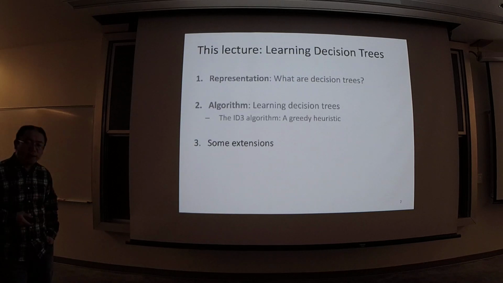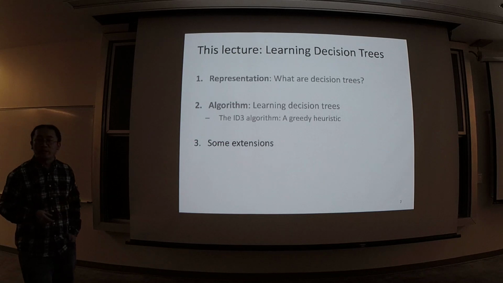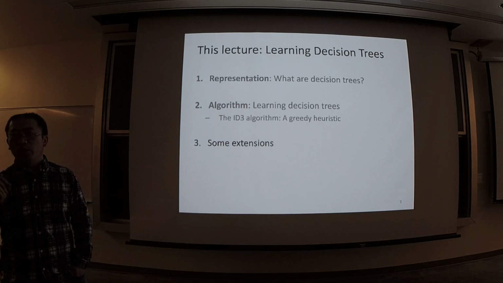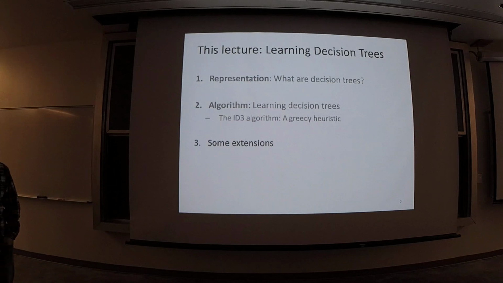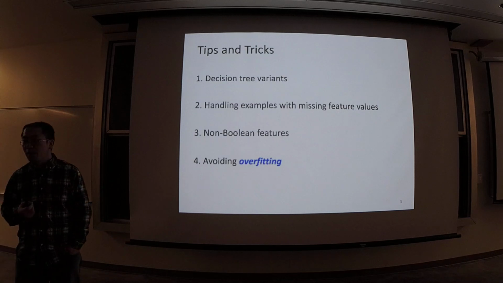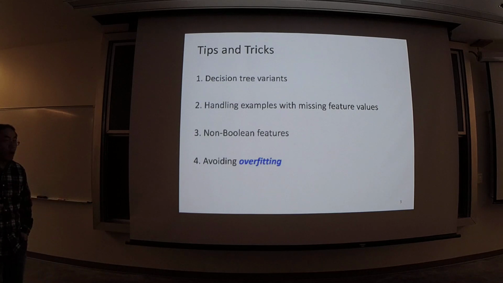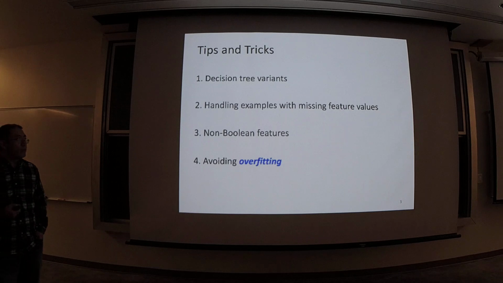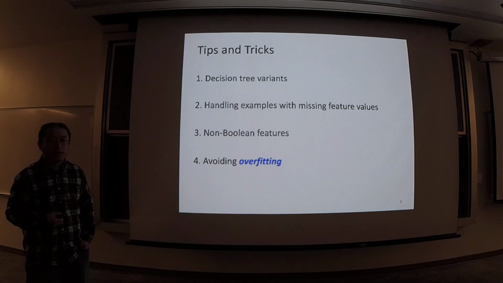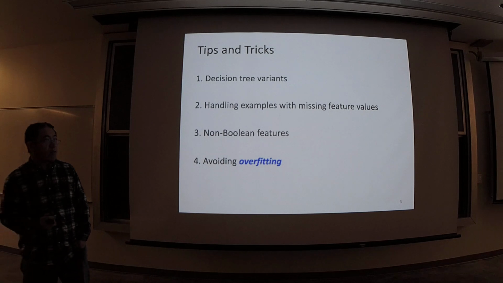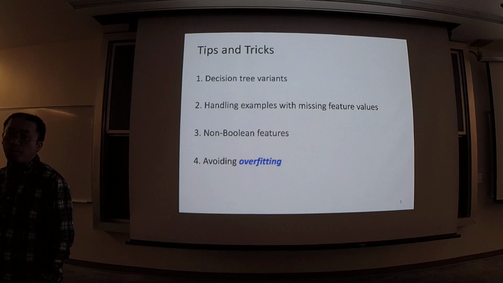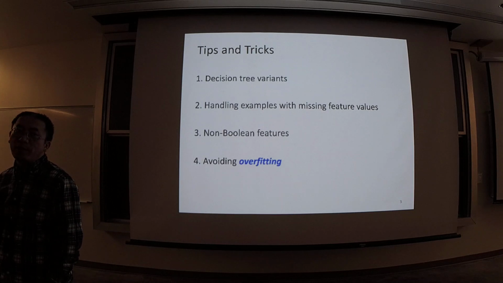Today, based upon the ID3 algorithm, we'll talk about some extensions, how we choose different measurements to split the data sets, and how we handle missing examples. So here are the topics we're going to cover today. First, we'll talk about a few variants of the ID3 algorithm. The variants lie in how you measure the increase of purity after you use a feature to split the data set.